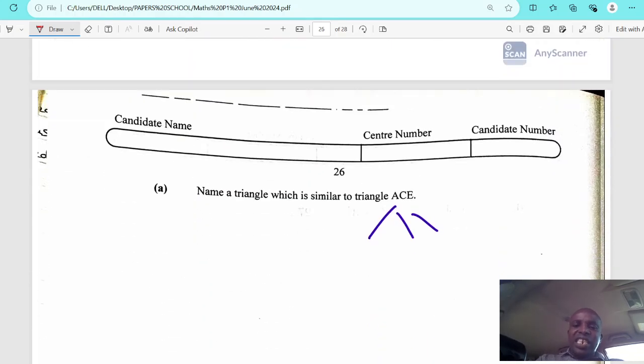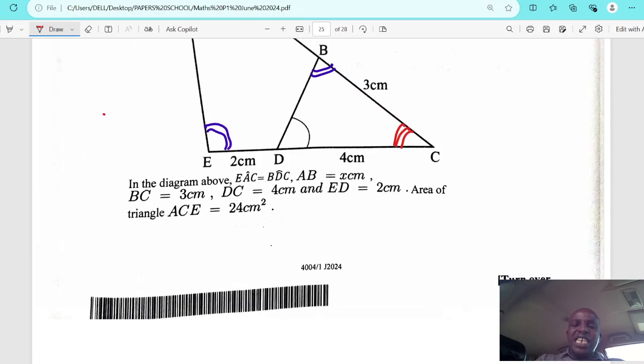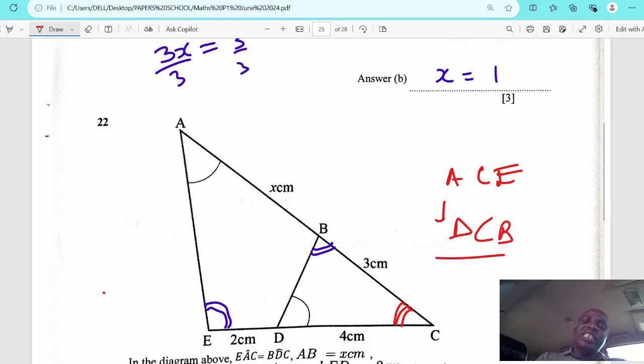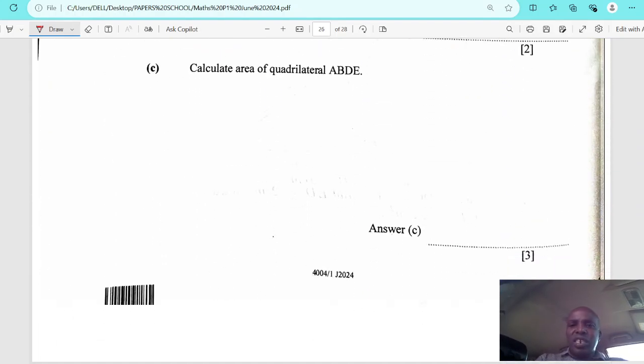They said similar to ACE. You start with the angle that is the same as A, which is D. C is still C, and E is B. So it's DCB.